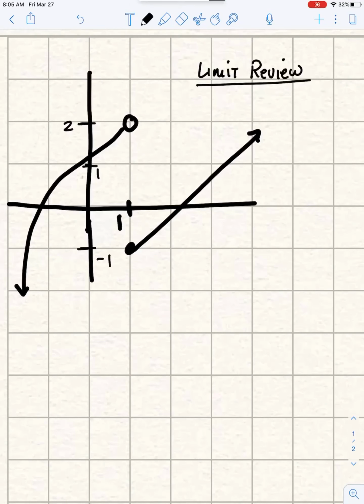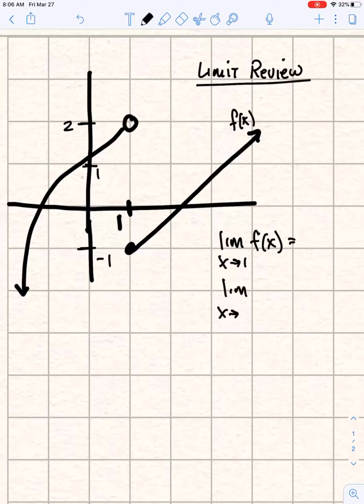We could talk about the limit as x approaches 1 of, let's call this f of x. And before we do that, let's talk about left and right-sided limits.